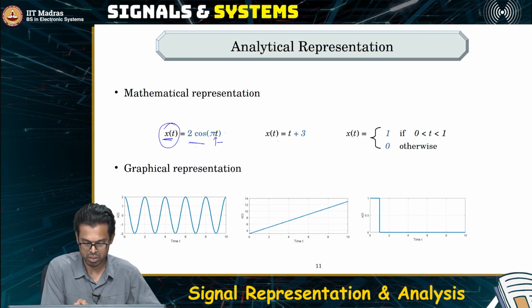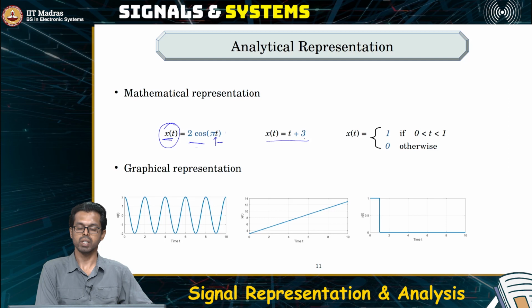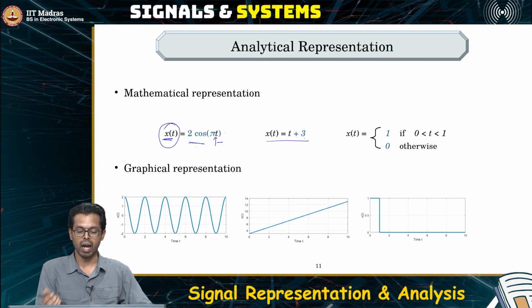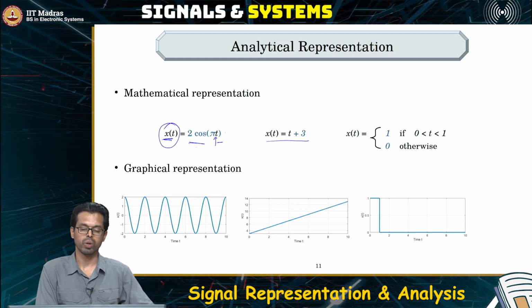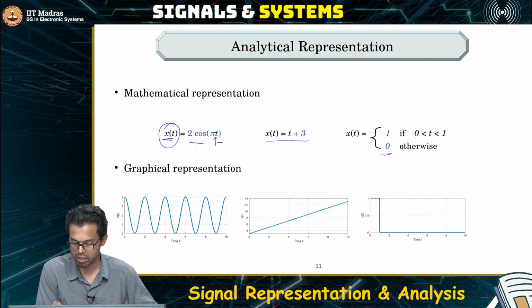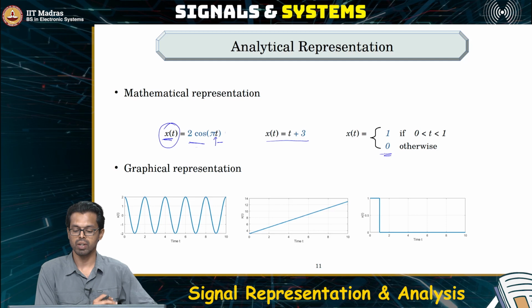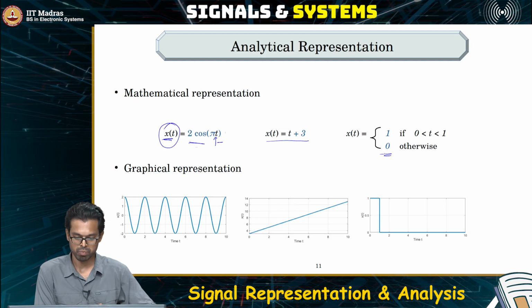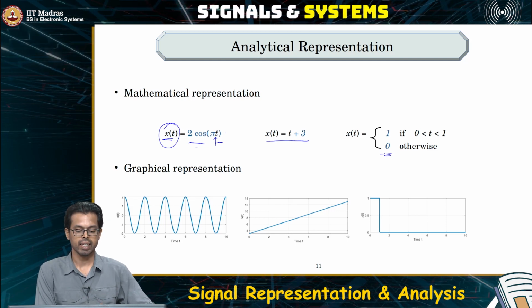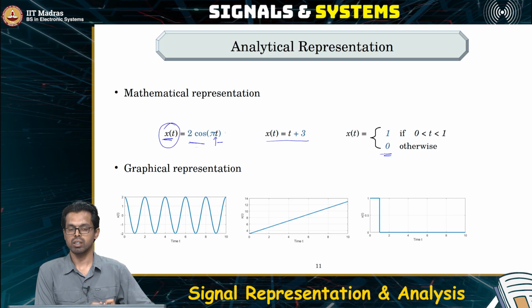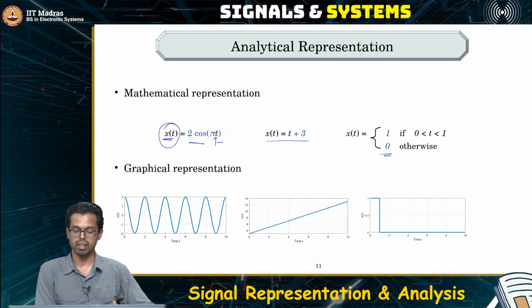Another example is just t plus 3, which means the signal is nothing but adding 3 to the time. And if you take this signal, it is simply saying that if time is between 0 and 1, then the signal's value is 1, otherwise it is always 0. So the definition of a signal, as we said earlier, is a function.